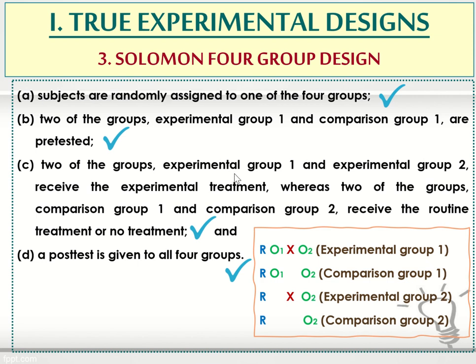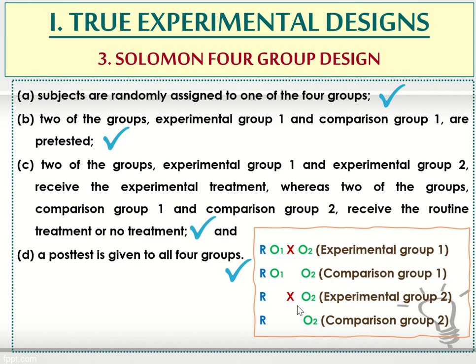Okay. So for the letter C criteria, tawag dito, intervention. So, 2 of the groups, experimental group 1 and experimental group 2, receive the experimental treatment. So, meron tayong experimental treatment. Kasi nga, they are experimental group.